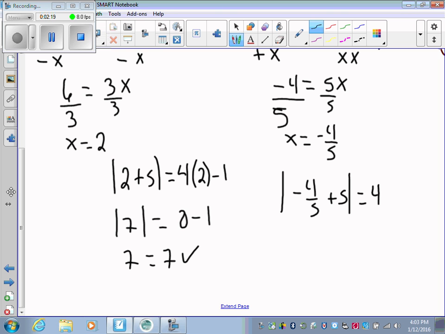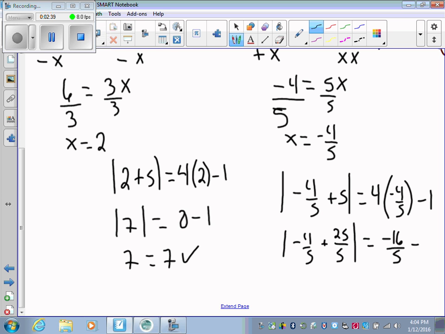Over here, if I'm testing this one in here, I'm going to have the absolute value of negative 4/5 plus 5 is equal to 4 times negative 4/5 minus 1. And negative 4/5 plus 5, we need to make this with a 5 on the bottom. And this would be negative 16 over 5 minus 1.